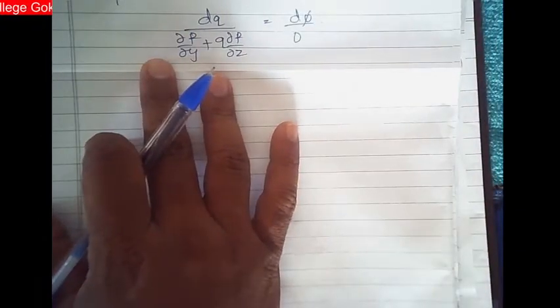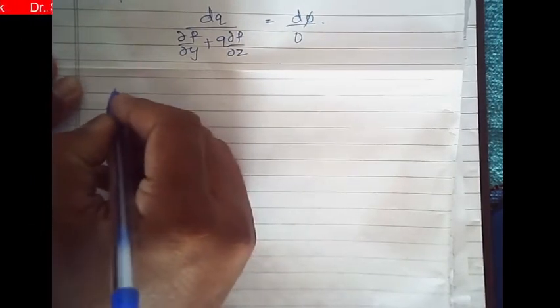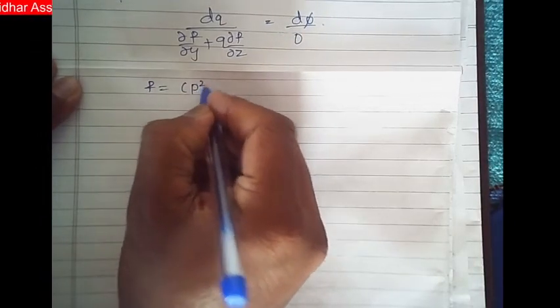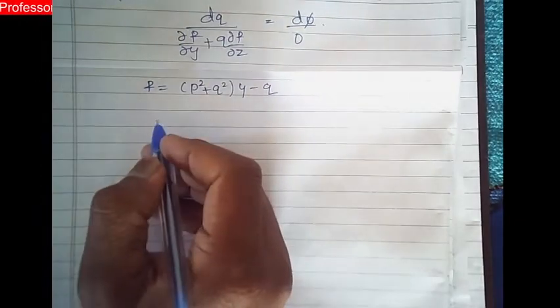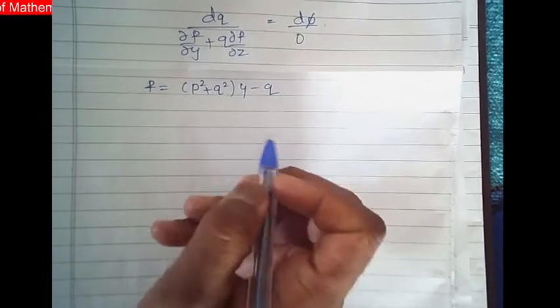Okay, so what do we obtain? First we differentiate f. So f is what? (p square plus q square) into y minus qz. So this is f.